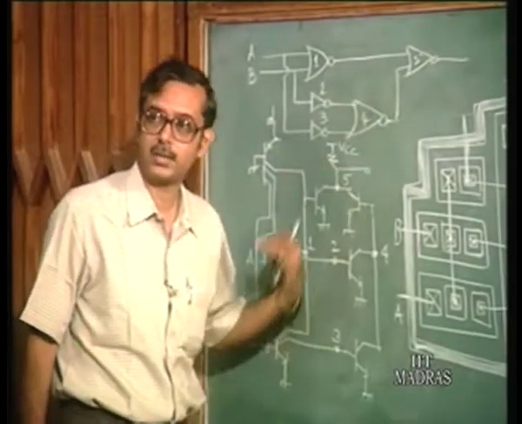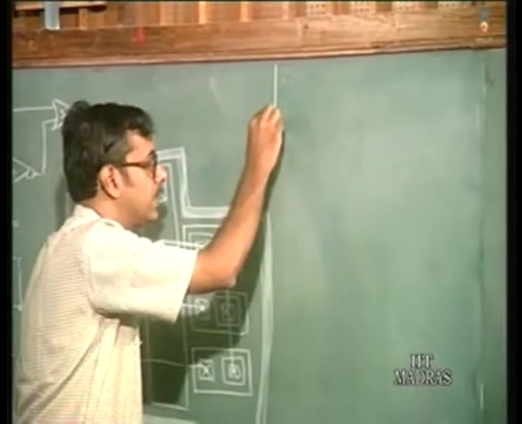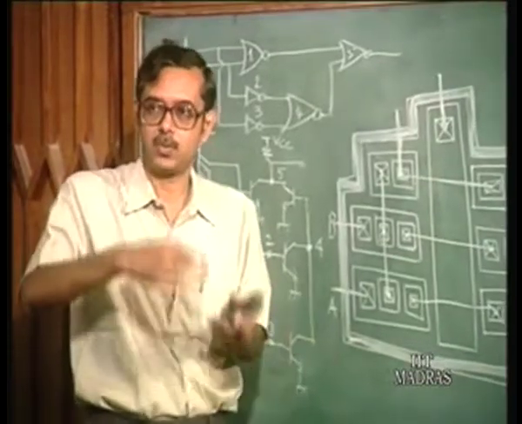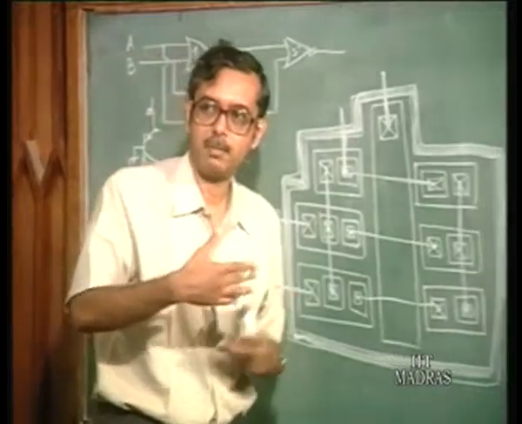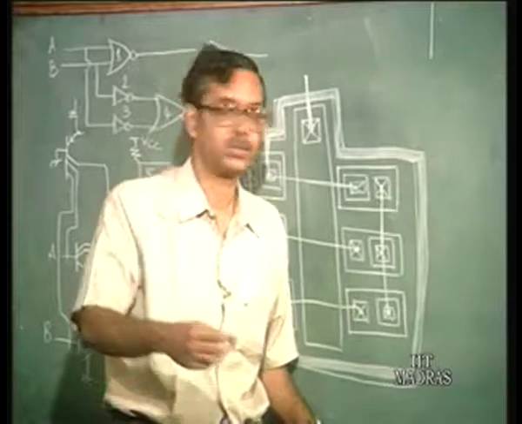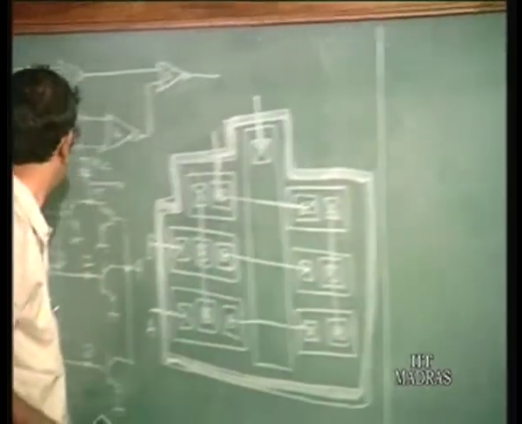We shall also look at this, as we said, we have already studied that the I squared L can be configured both as a NOR gate as well as a NAND gate. And the NOR, you remember, is from base to base, and as for the NAND it is from collector to collector.